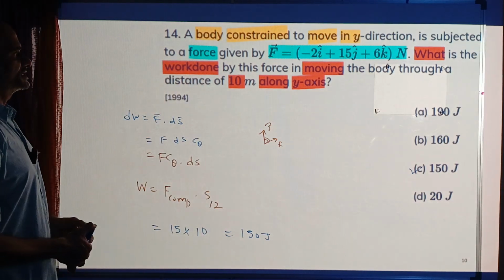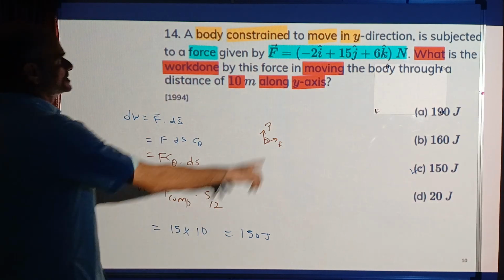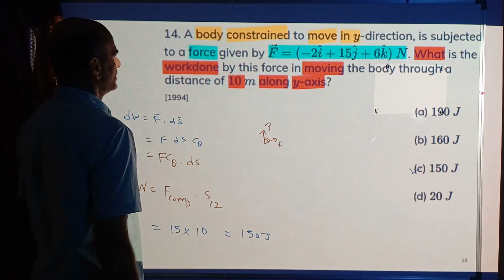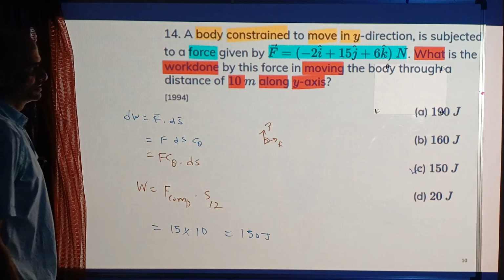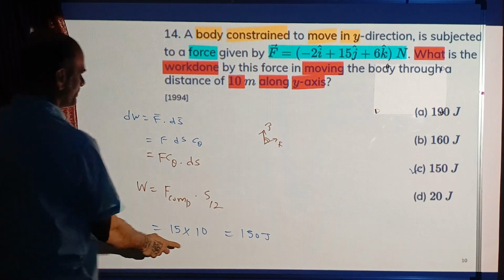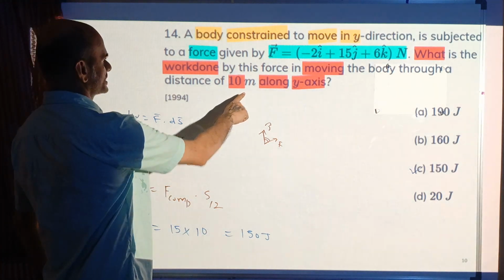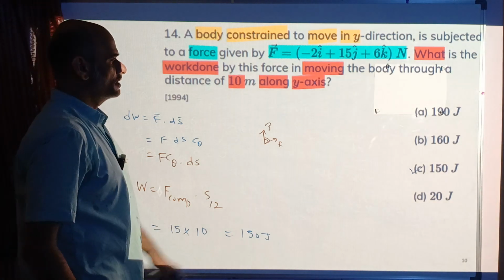Actually, one small piece of information is missing in this question. The force is in the positive y direction, and the displacement is along the y-axis, but they have to mention it's the positive y-axis. If it's the positive y-axis, then it will be plus 150. If the displacement is along the negative y-axis, then the answer will be minus 150.